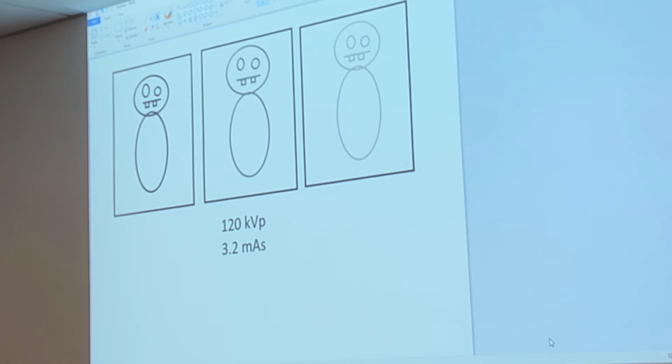So, when I want to look at the ribs, I take my kVp and I lower it. Why? Because it'll make it easier for the bones to absorb those x-rays. So for the ribs, I wanted to use 75 kVp.